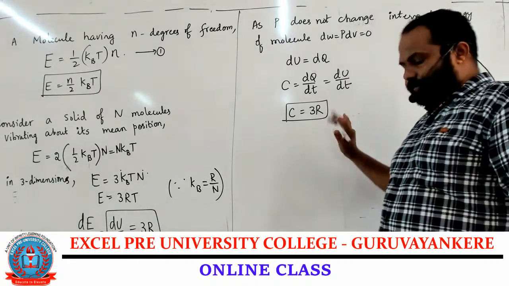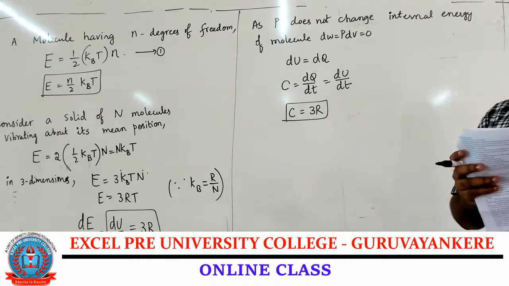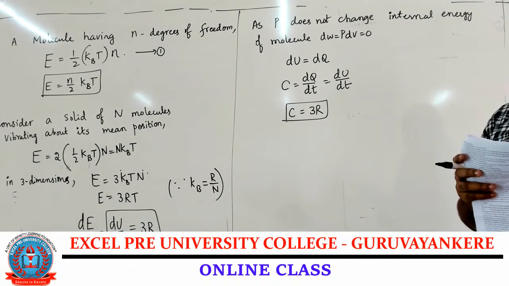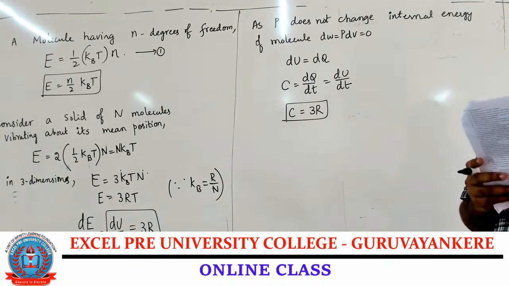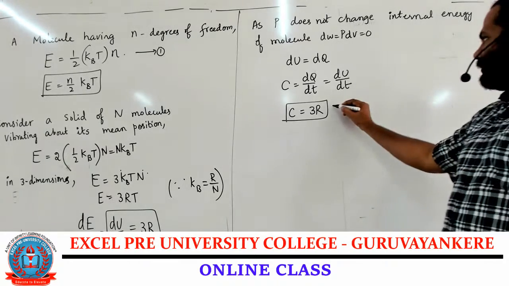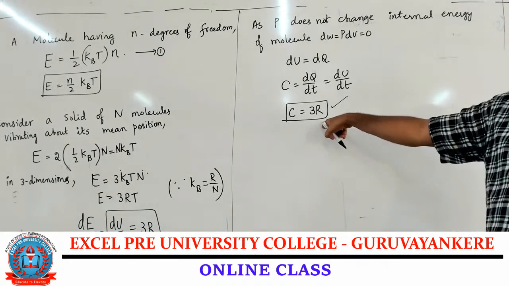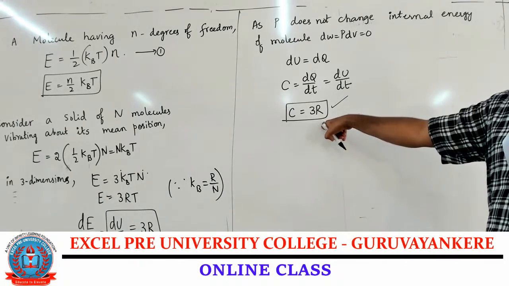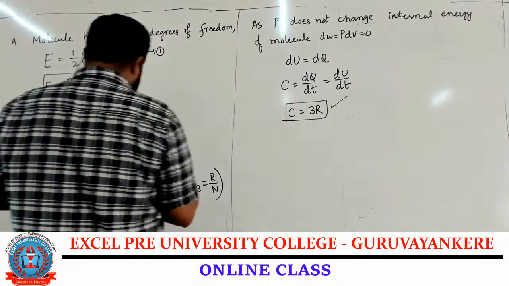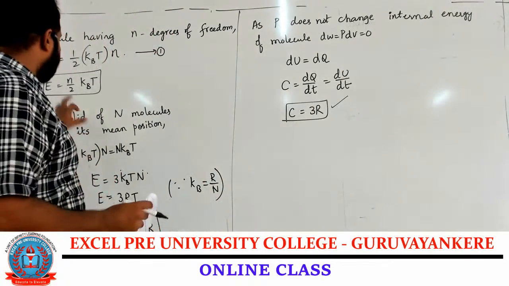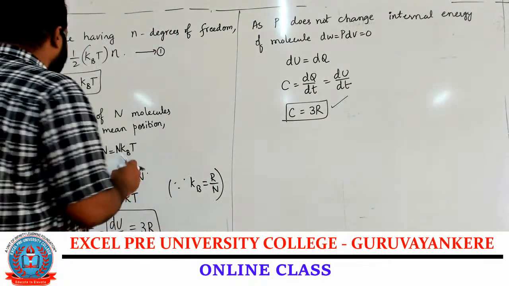Next, they have asked to derive the expression for specific heat of water in terms of the universal gas constant. You remember for solids, the specific heat capacity is 3R. In the same way, this is a general expression of energy.